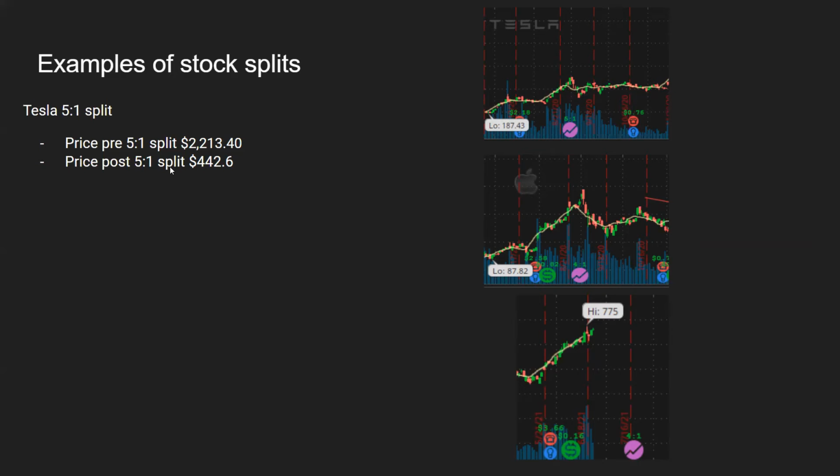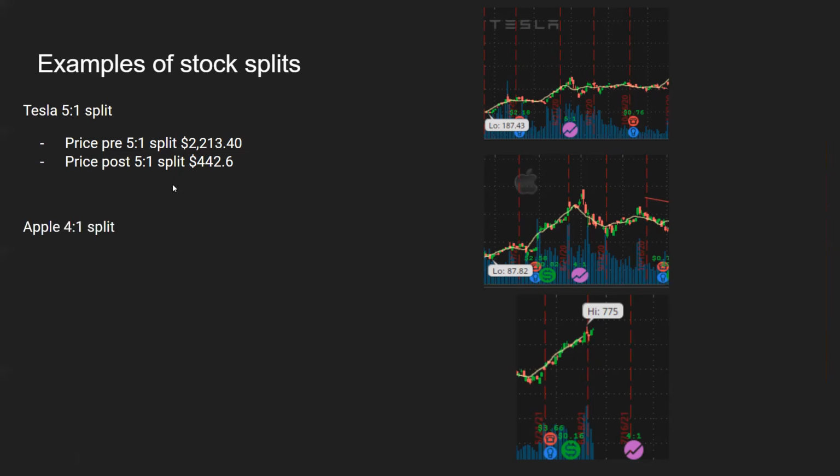On the day of the split they're at $2,200, but now it's 5-to-1. So if you had one share of Tesla pre-split, it was worth $2,200. The day after, you now have 5 shares of Tesla, and all 5 of your shares are worth $442. That's how that works. The price is the only thing that changes.